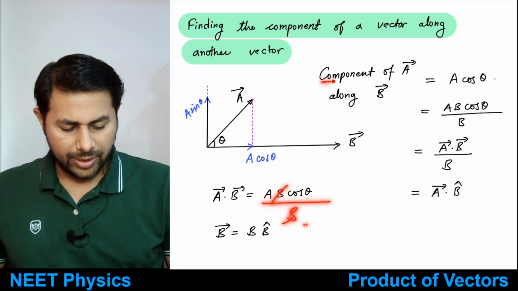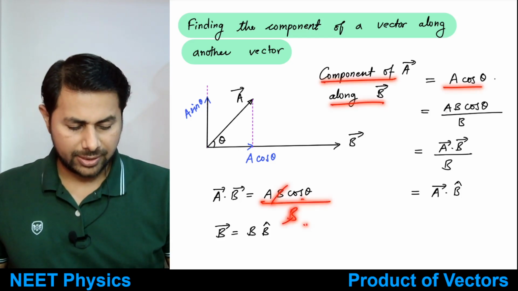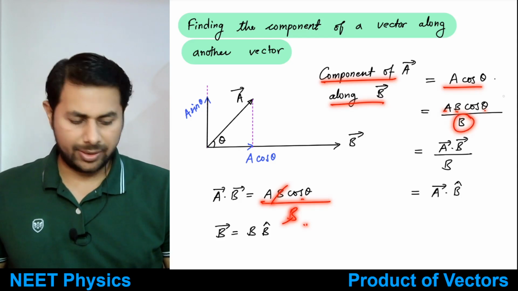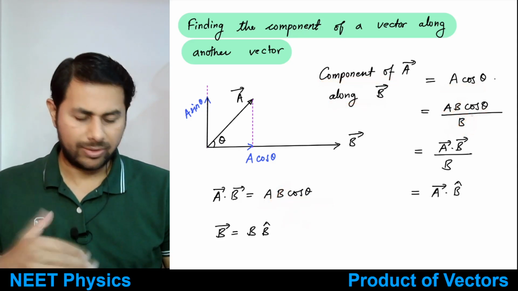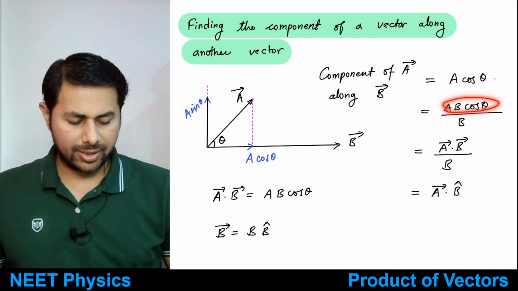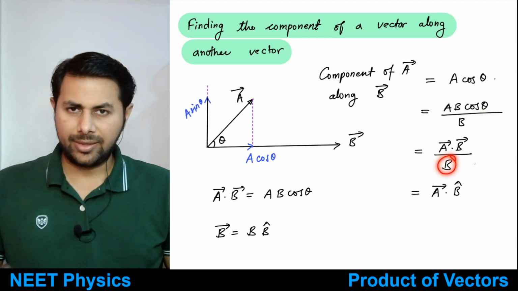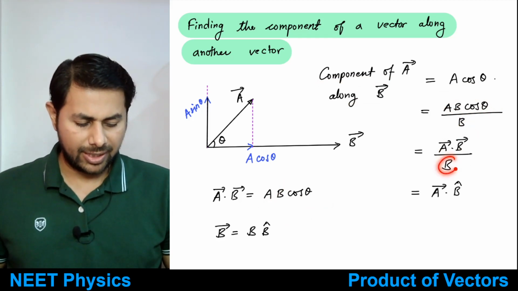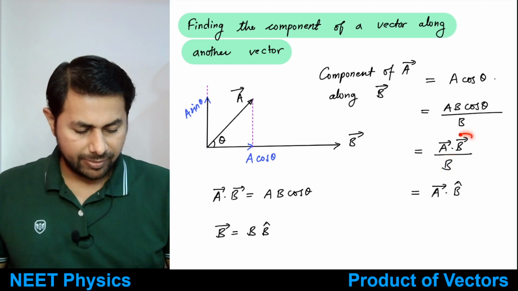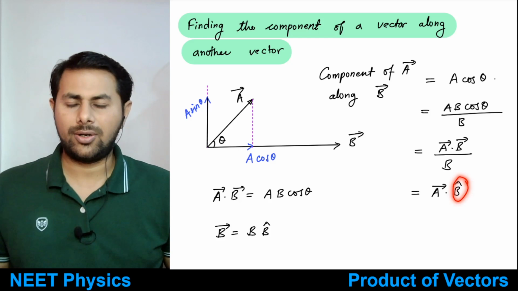So the component of a bar along b bar is a cos theta, and that can be written as ab cos theta divided by b. The b's get cancelled and you get a cos theta. What is this ab cos theta? It is a bar dot b bar. If I divide that by b, b bar divided by its magnitude is the unit vector along b bar.